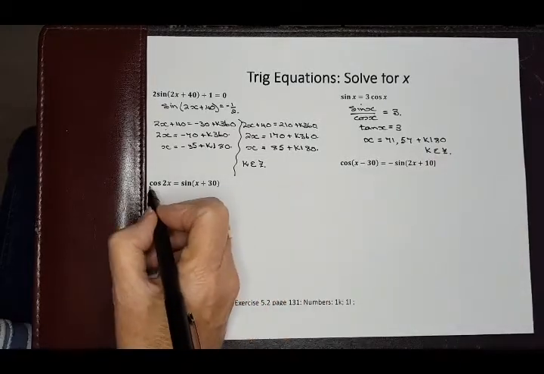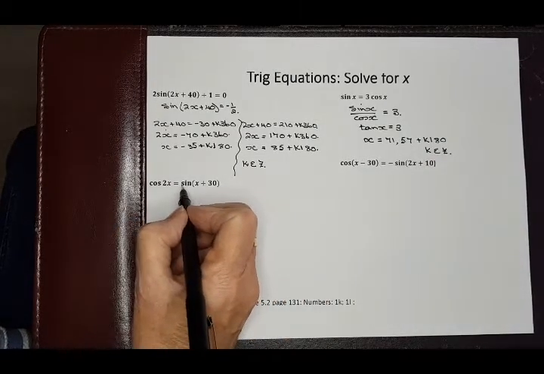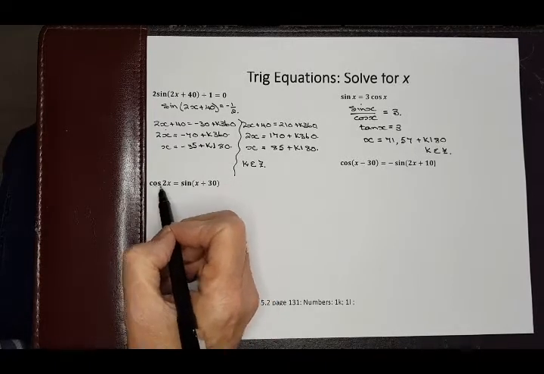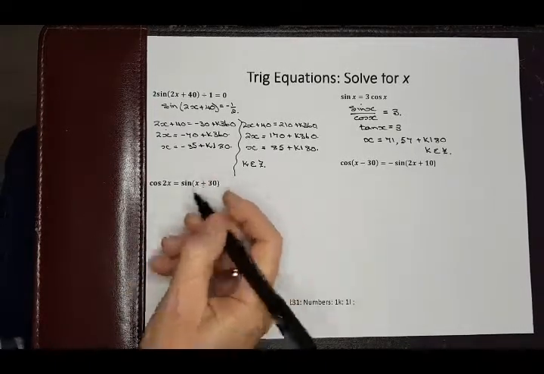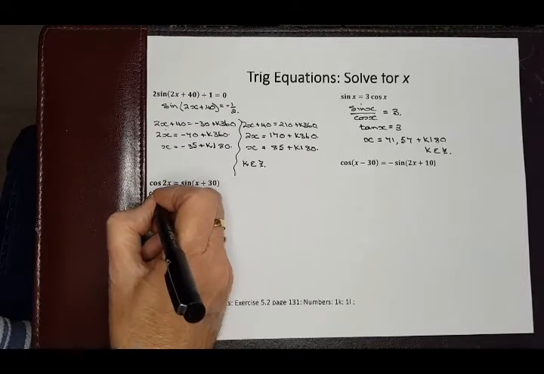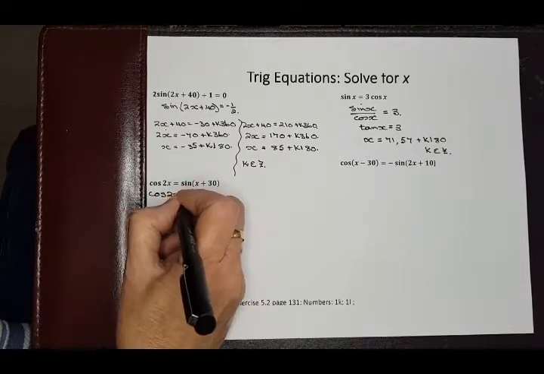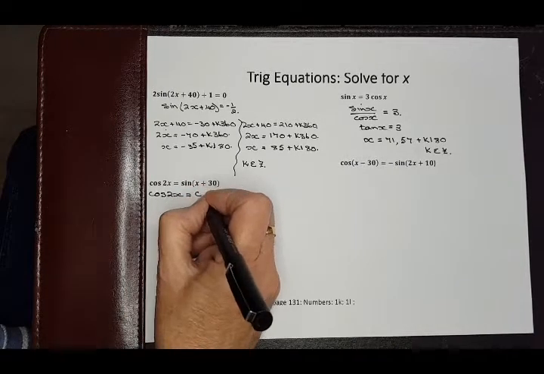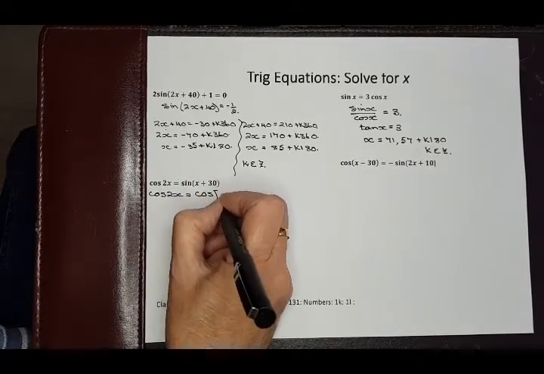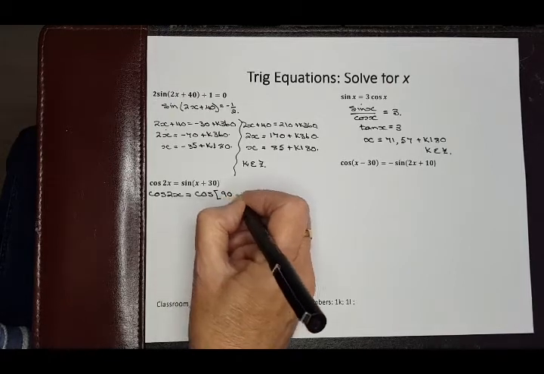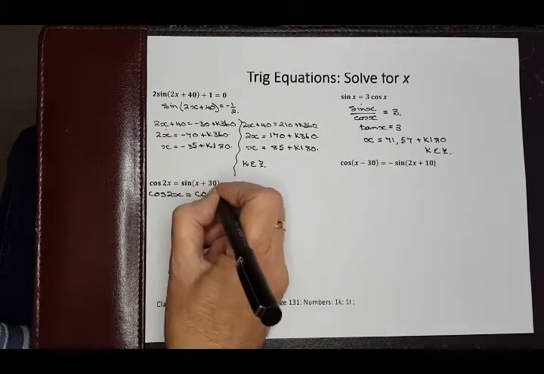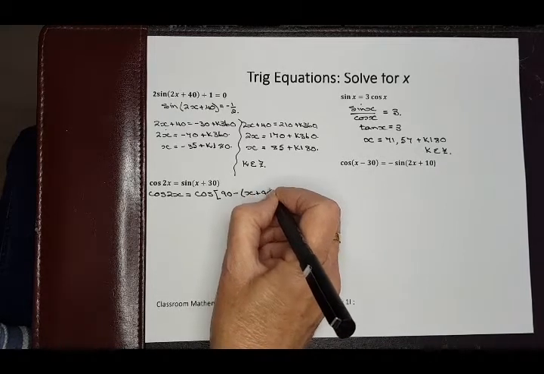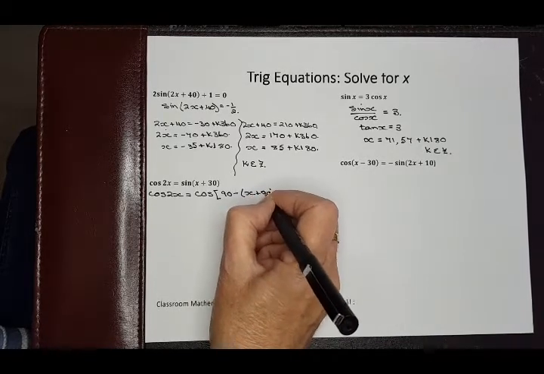Now in this case, cos and sine, we can use our cofunctions because there is nothing in front of either the cos or the sine. So I can say cos of 2x is equal to, take the cofunction of sine, which is cos, take the complementary angle of x + 30, which is 90 - (x + 30).